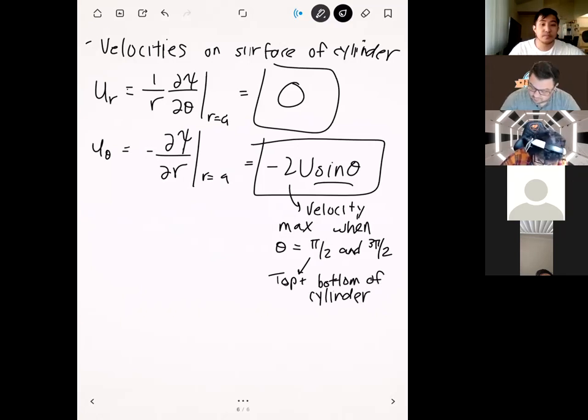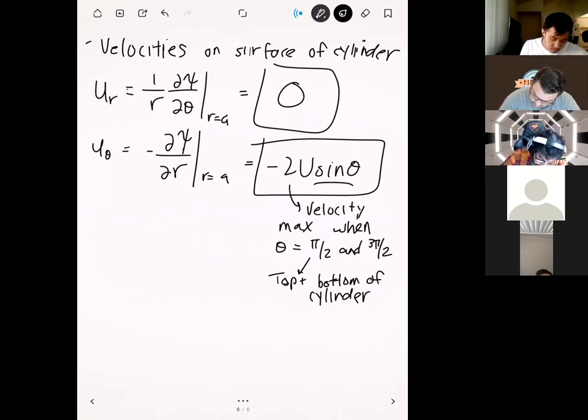And so if you have flow around a cylinder, the places where the velocity is going to be max are when it's going around the sides, which intuitively makes the most sense.